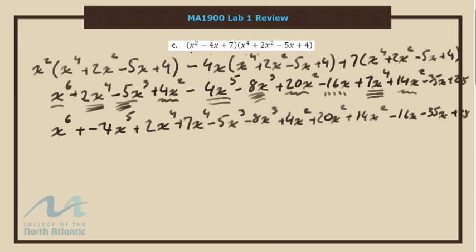So you can see how I just knocked each of these out as I went along. Now all I have to do is combine them all, and I should have my final answer.